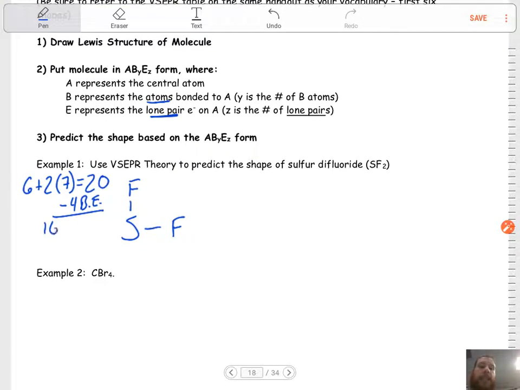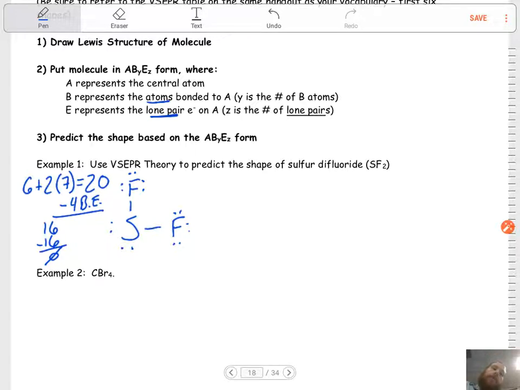So I've got 16 other electrons that I've got to account for. So start with the outer ones, 2, 4, 6, 8, 10, 12. Okay. Sulfur needs 4 more as well, and that's going to be my other 16. Okay, so subtract those out. I used all my 16. Boom. Sulfur difluoride.